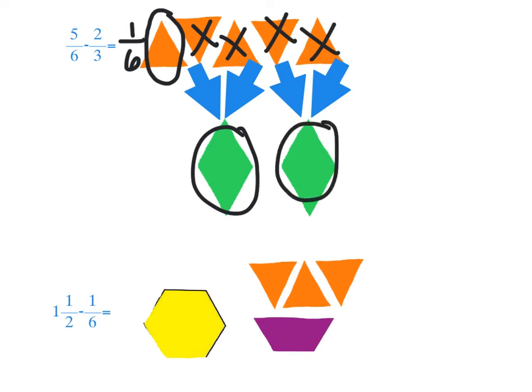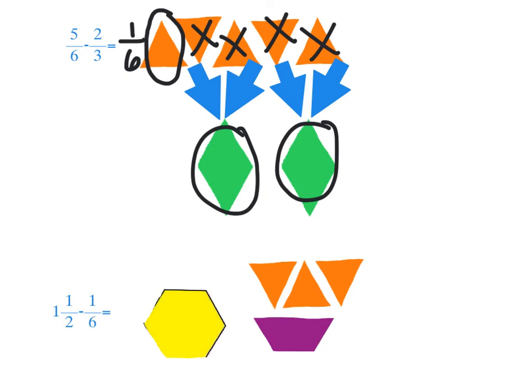Okay, now if we go down to the bottom, we have 1 1/2 minus 1/6. So my 1 1/2 would be my hexagon and my trapezoid. And we're going to take away 1/6. Now I've got 3 triangles there because I'm just showing you that it takes 3 triangles to make a trapezoid.